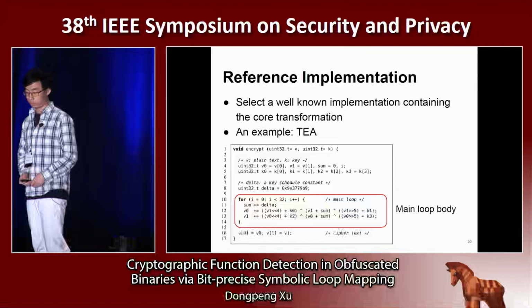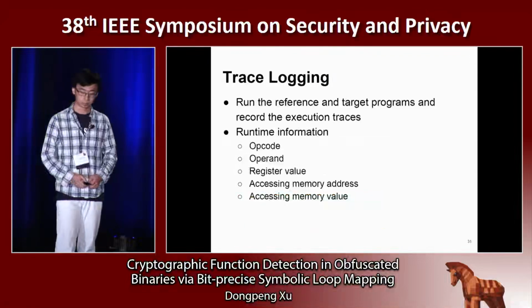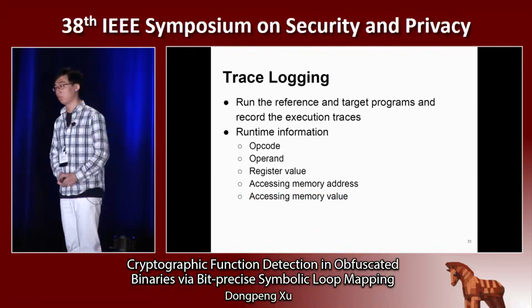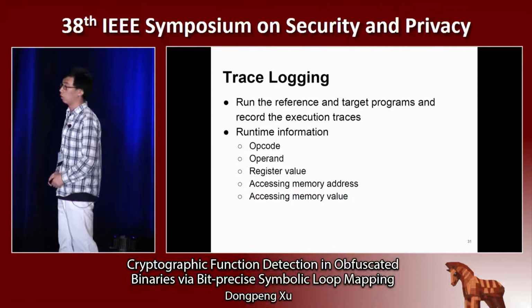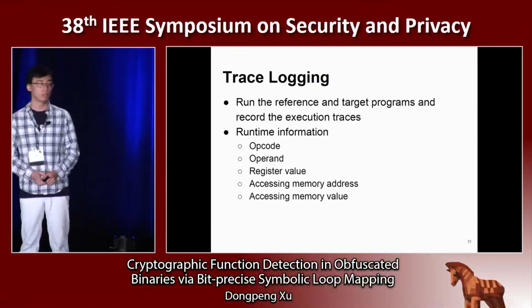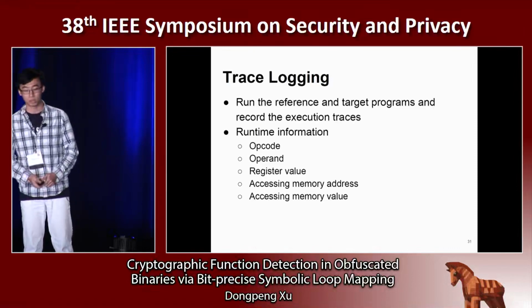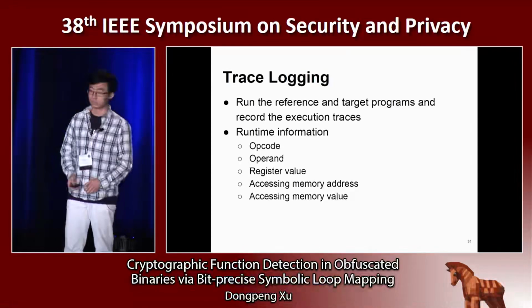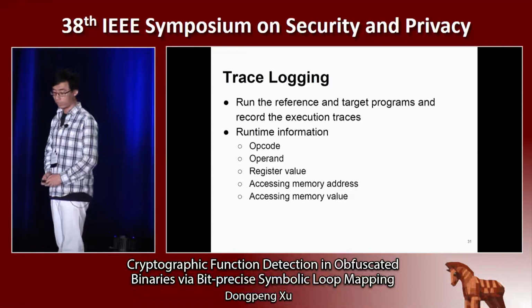So here is the main loop body of the TEA. After that, we run both the reference program and the target program to get 2 execution traces. The trace contains runtime information like opcode, operand, register values, and the memory access values and addresses.